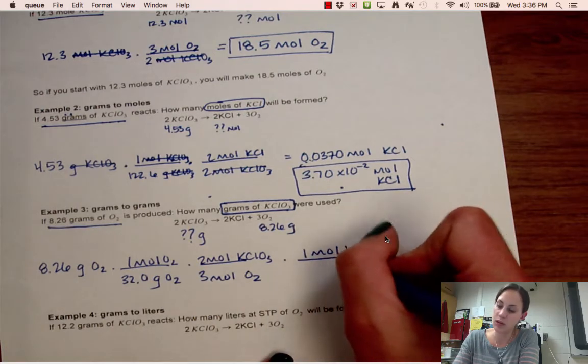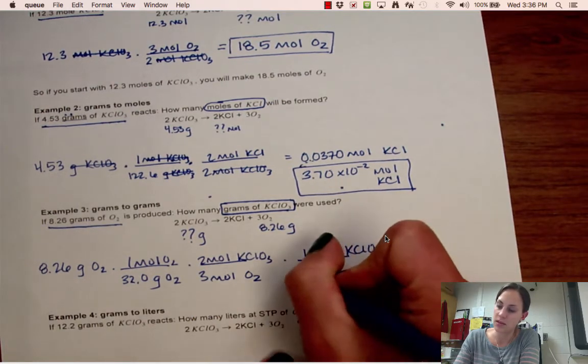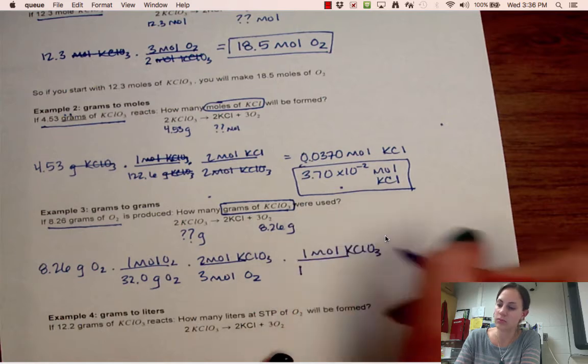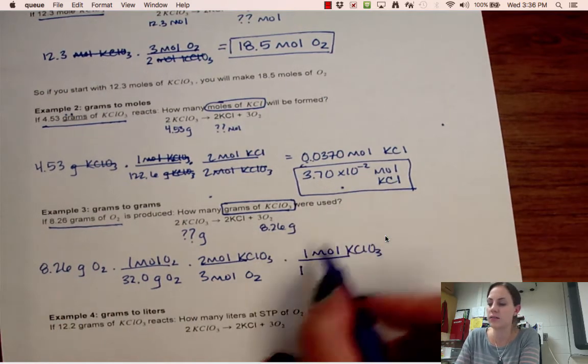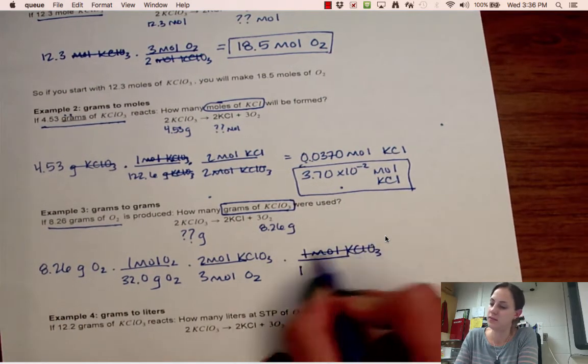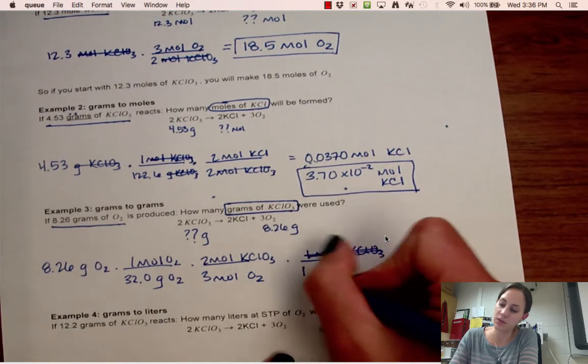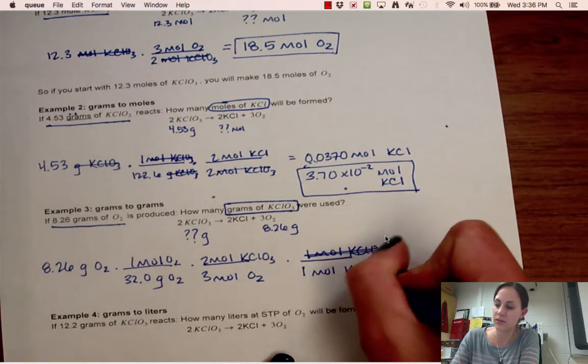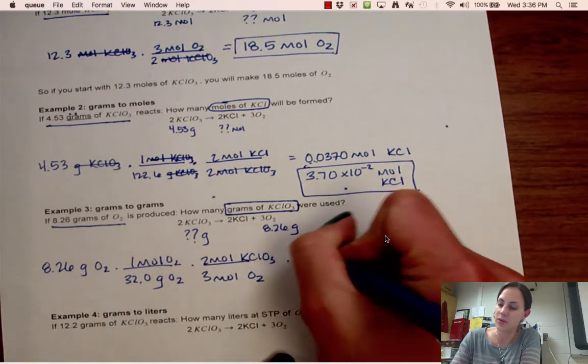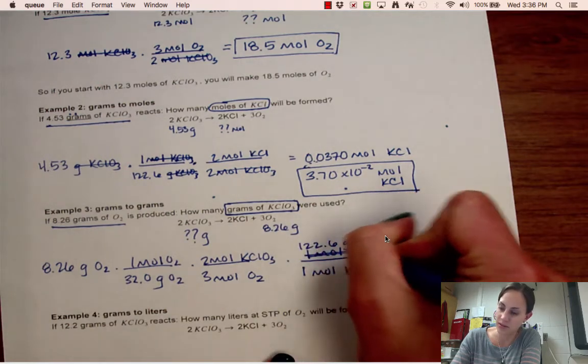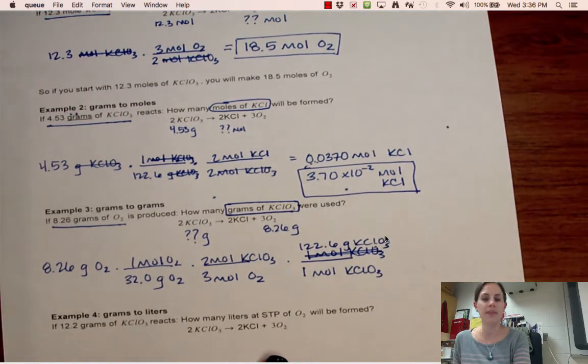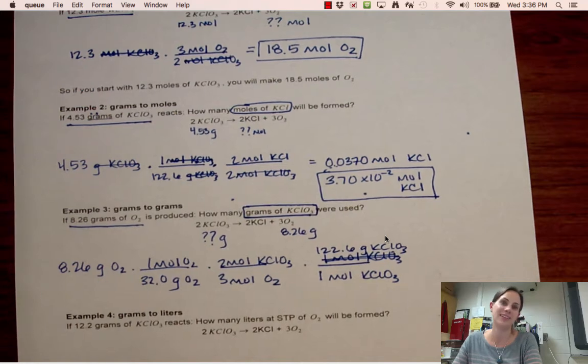So 1 mole of KClO3. Oh, whoops, I did that wrong. My apologies. 1 mole of KClO3 is going to go on the bottom, and the molar mass of KClO3 is going to go on the top. If you caught that before I did, well done.